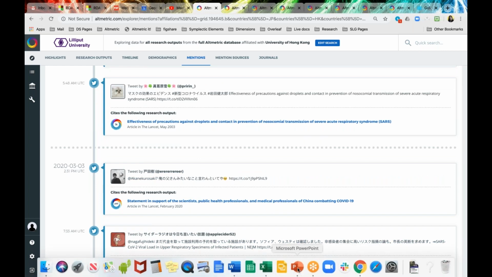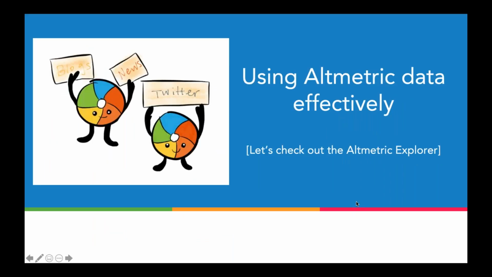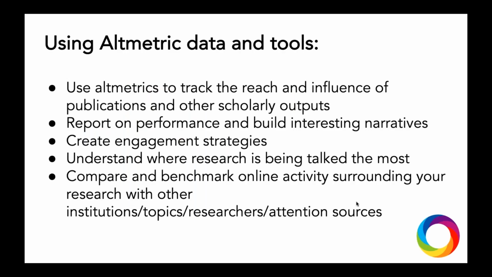I'm just going to go back to the presentation now. And hopefully that gives you some kind of idea of how you can use the Altmetric data effectively through the use of the Altmetric Explorer. And so using these data and tools, essentially you can uncover the reach, look at some influences of your publications and other scholarly outputs.